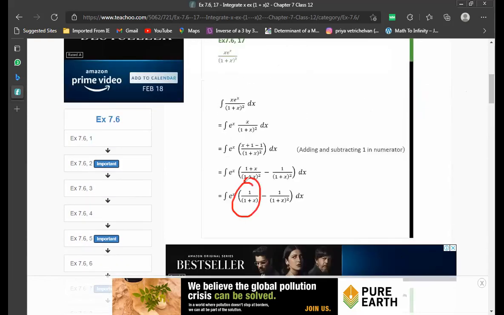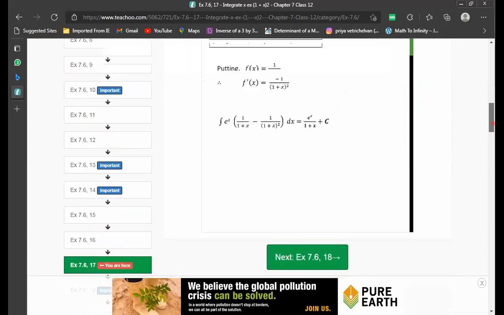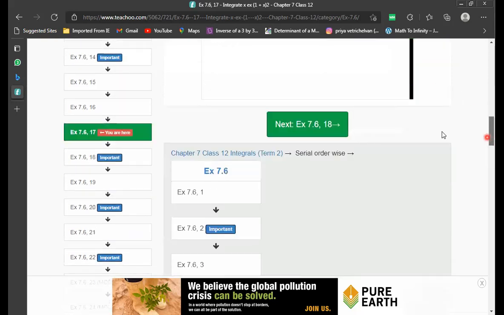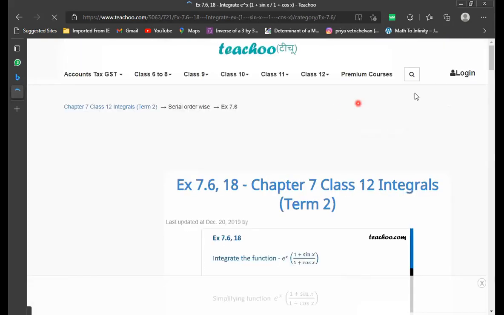So this is your f of x, and when you differentiate this, you will get this as f dash of x. Only if that condition is satisfied can we use this formula. E power x into f of x plus f dash of x, you can write it as e power x into f of x plus c. Clear?